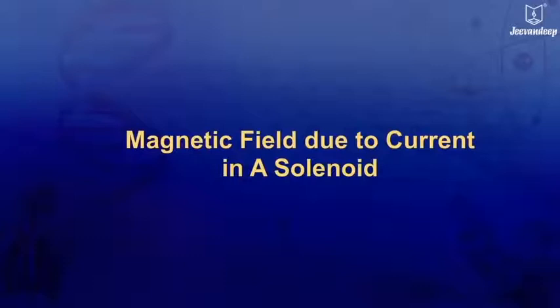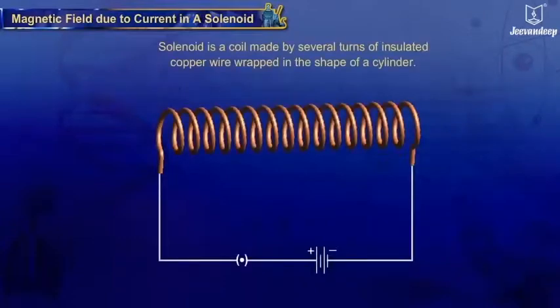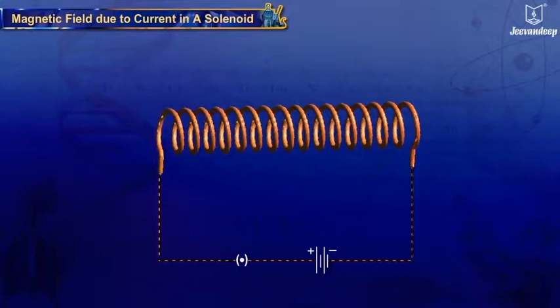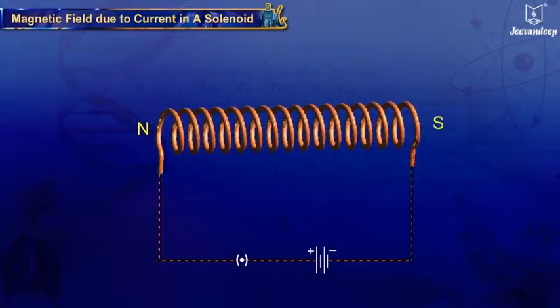Magnetic field due to current in a solenoid. Solenoid is a coil made by several turns of insulated copper wire wrapped in the shape of a cylinder. When a current is passed through the wire, the solenoid acts like a magnet with one end of the coil acting as the north pole and other one as the south pole.